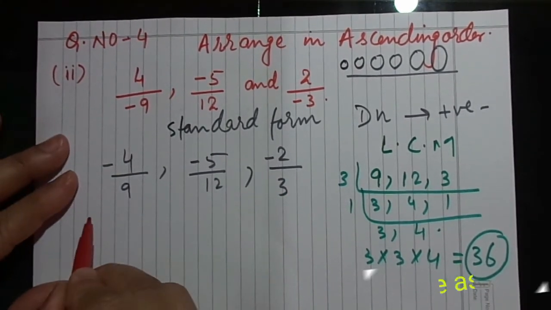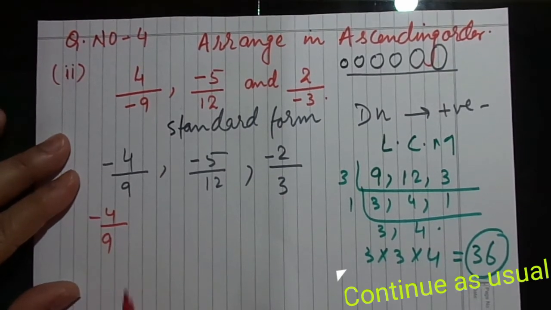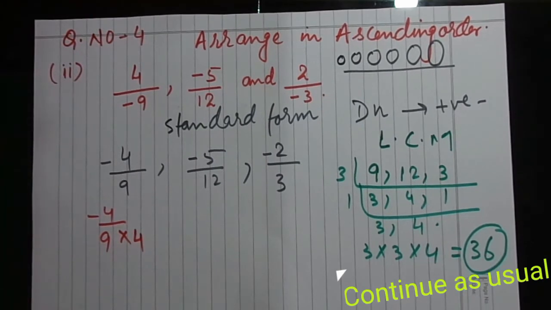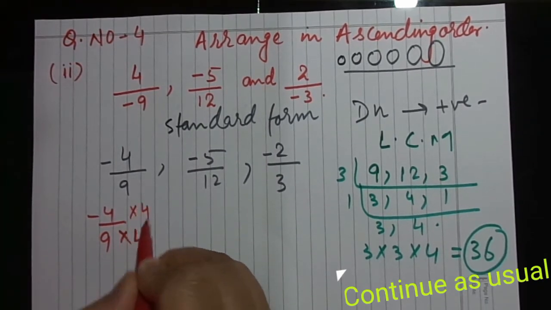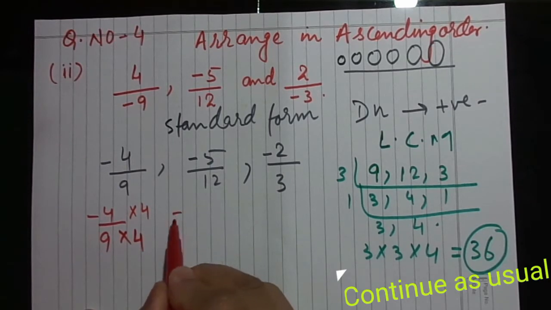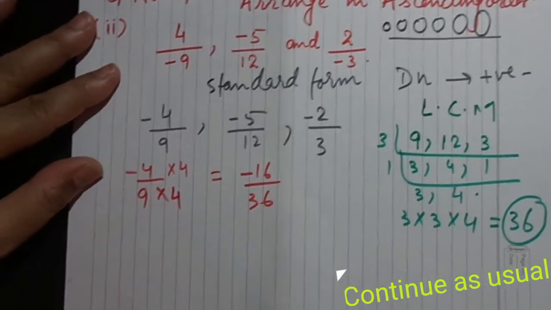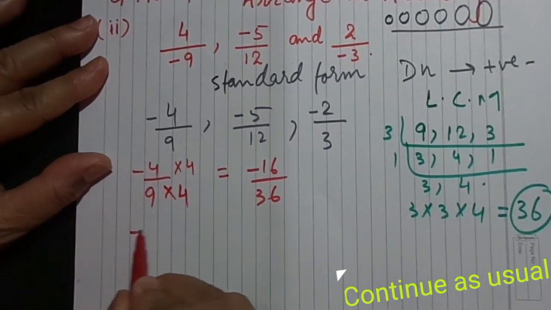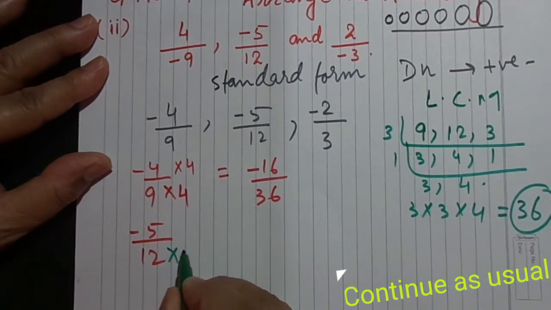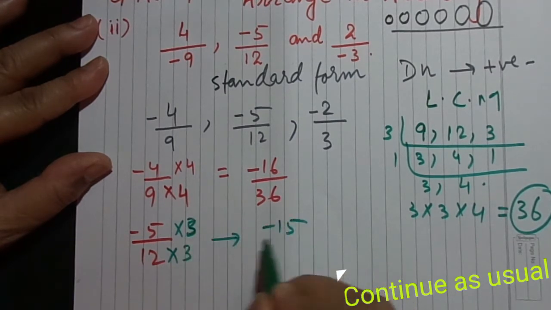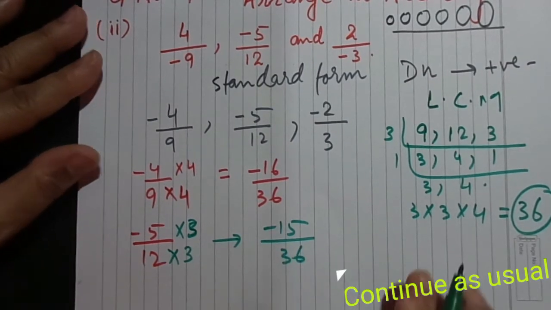Therefore, minus 4 by 9, when you multiply 9 by 4 you get 36, so here you need to multiply with 4 and you will get minus 16 by 36. Minus 5 by 12 can be written as, let me multiply 12 by 3, so 5 also by 3, and here you get it as minus 15 by 36.